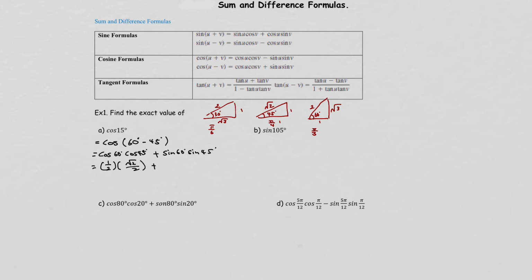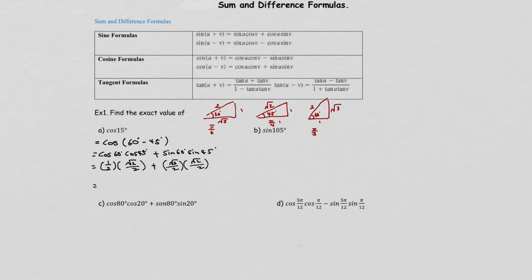And sine 60 degree and sine 45 degree will be square root of 3 over 2 and 1 over square root of 2. When you rationalize that, it will be square root of 2 over 2. So you will get square root of 3 over 2 times square root of 2 over 2.